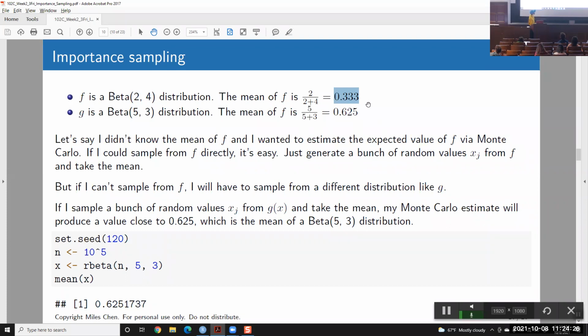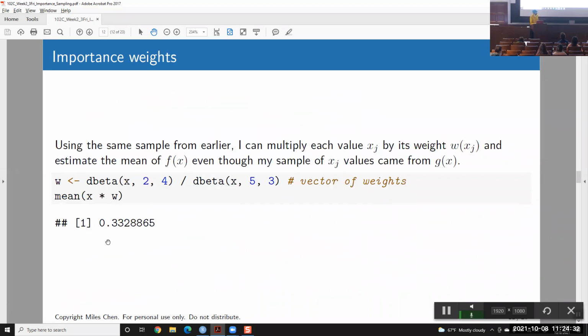We're using the same x values, right? The original mean was 0.625. When I weight them accordingly, I get very close to 0.33, 0.3329.